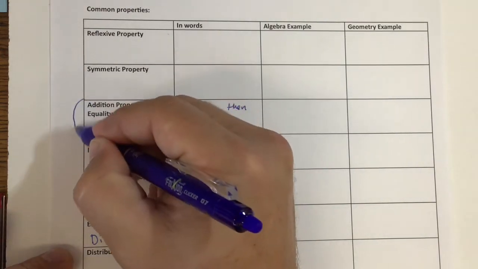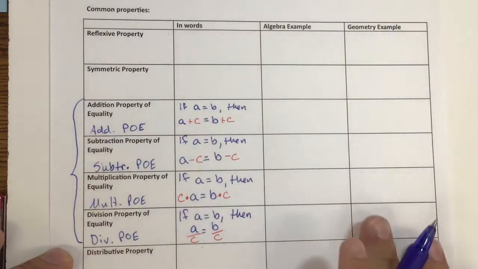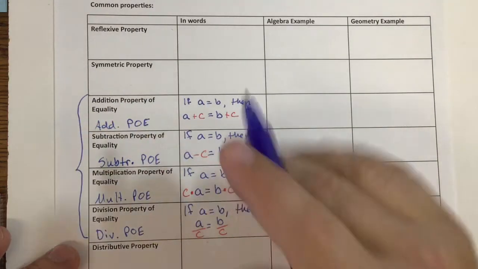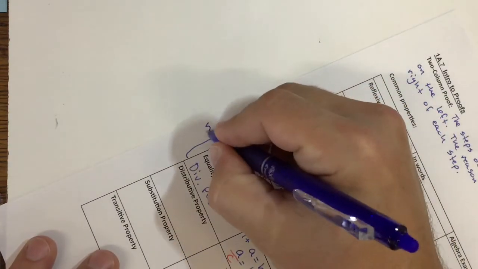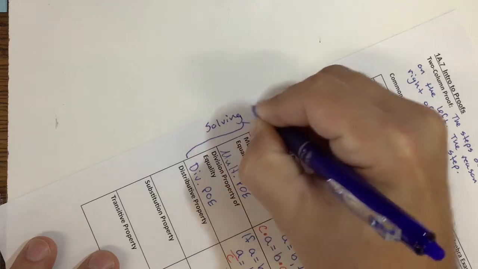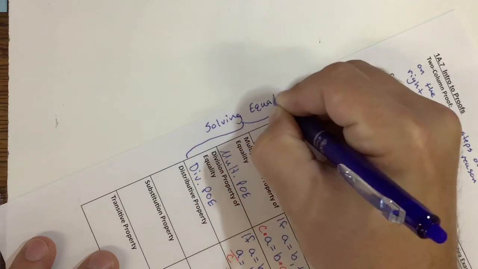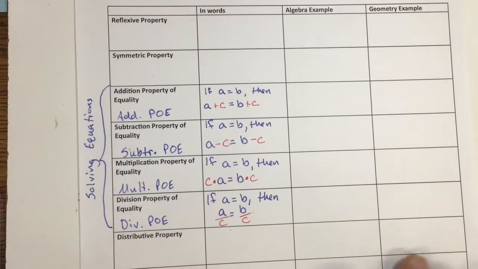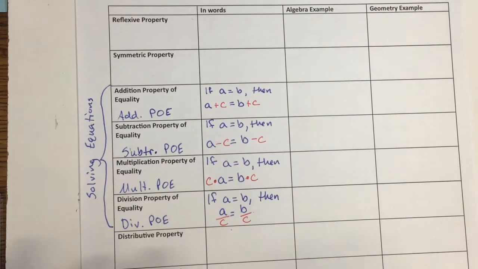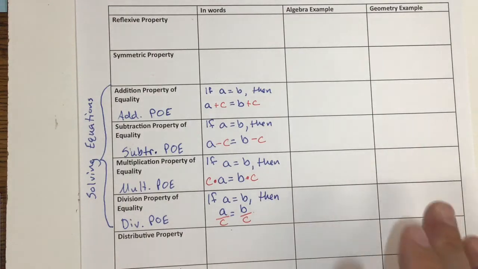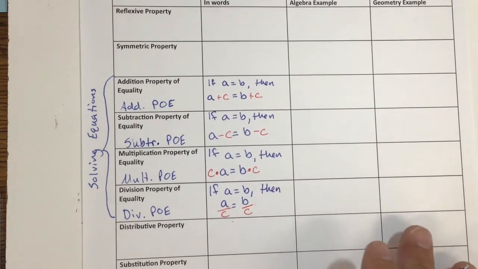These are all used in solving. We use all four of those in solving equations, getting the variable by itself, and that's what we're going to do. Then we can move on to some more specific ones.